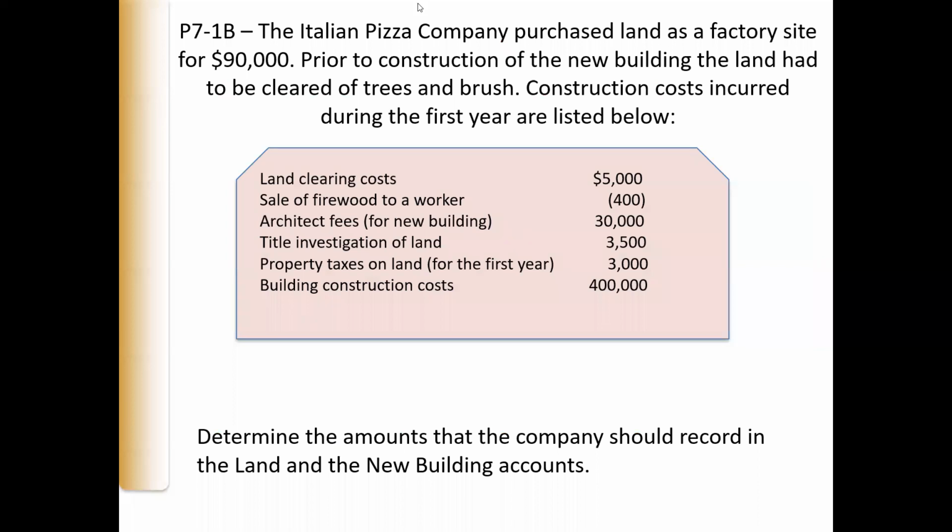So you see we have here the land clearing cost, the sale of firewood to a worker, architect fees for a new building, title investigation of the land, property taxes on the land for the first year, and building construction costs. Determine the amount that the company should record in the land account and in the new building account.